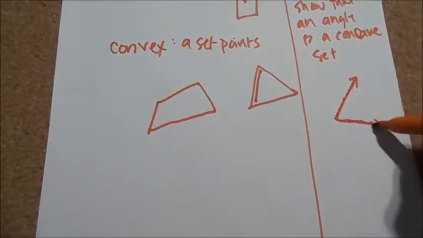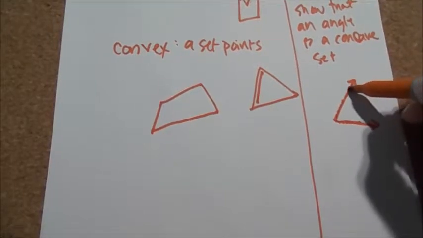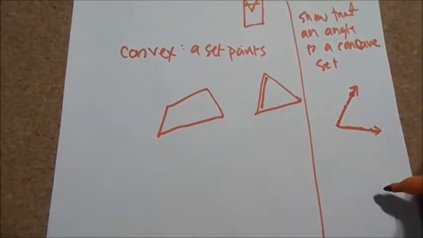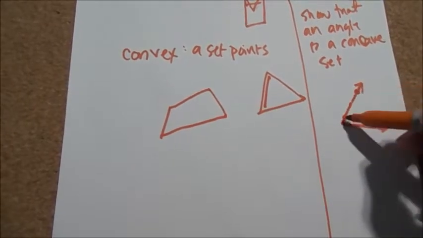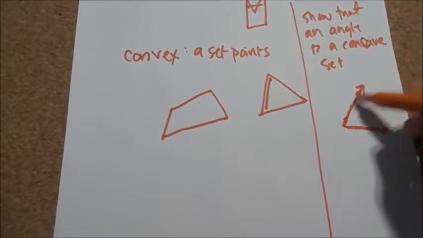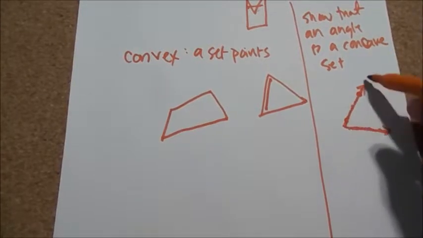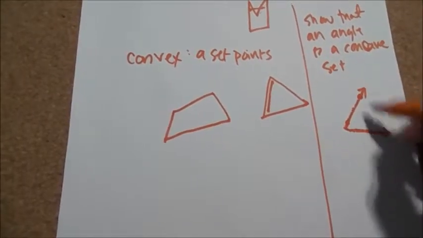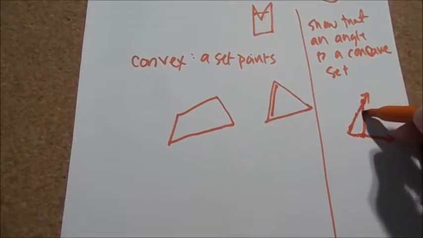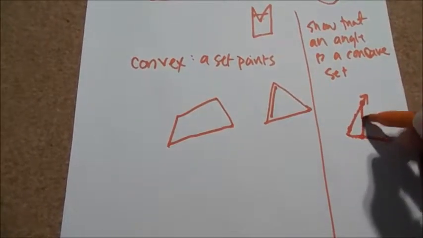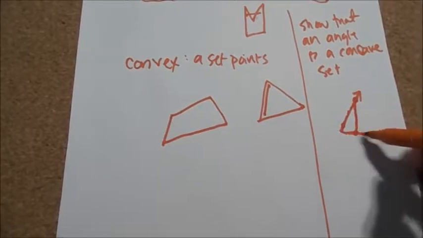So if you take a point, okay, let's say this point, exaggerate it a bit, and this point, if you connect them with the segment, it has stayed as part of your original set of points, which are all the ones that form the angle. But if you choose one from this side and one from this side, and you connect them, all of these points that make up this segment are outside of your original set of points.